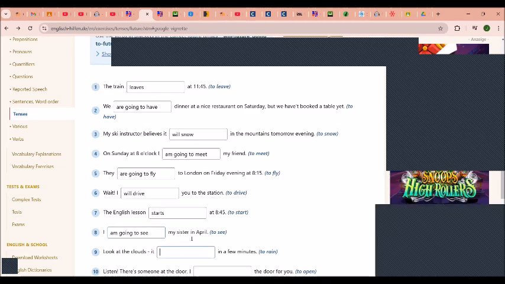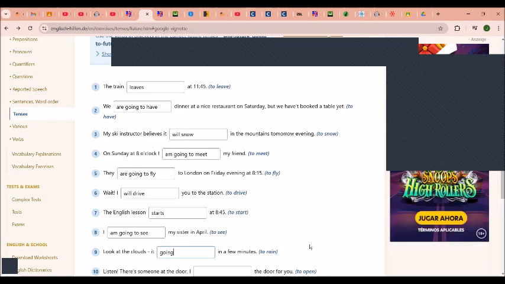So if it's logical and something is happening, we're generally going to go to going to. What do we use for going to with it? Is. Right? So not that it's a plan, but there is evidence. It is going to rain.